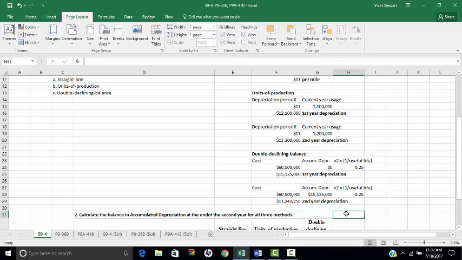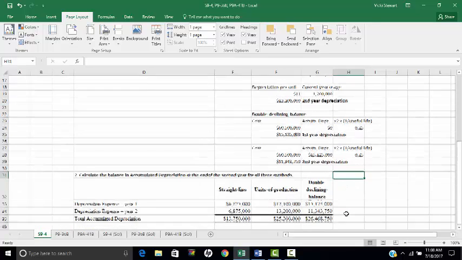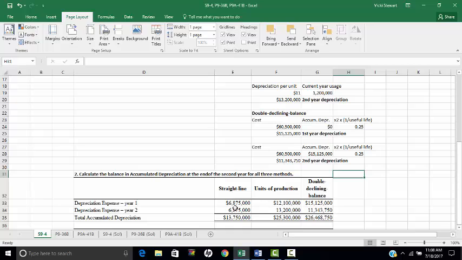The second part, or second requirement of this problem stated, calculate the balance in accumulated depreciation at the end of the second year for all 3 methods. So I have been updating this spreadsheet for the depreciation as we calculated it under each of the 3 methods, for year 1 and then year 2, and then I sum those.